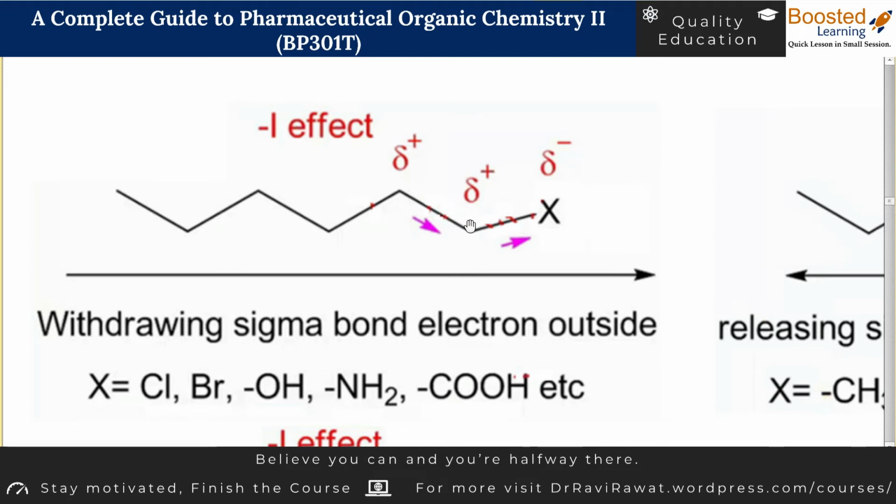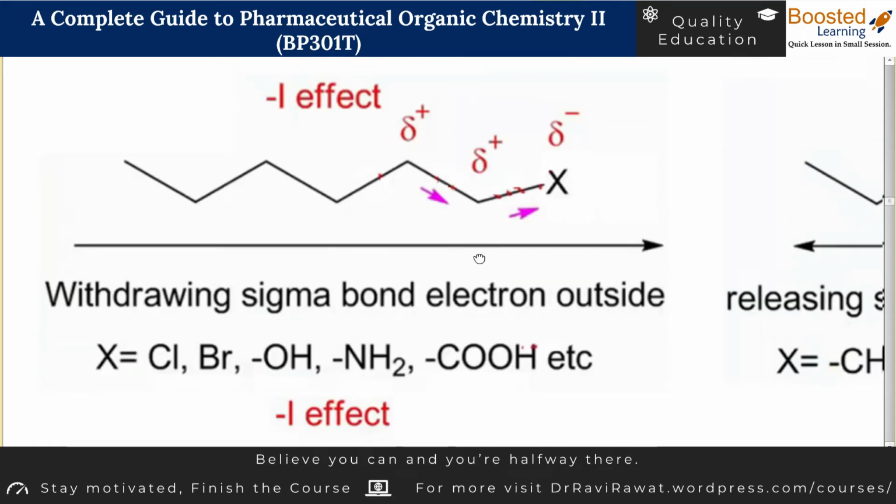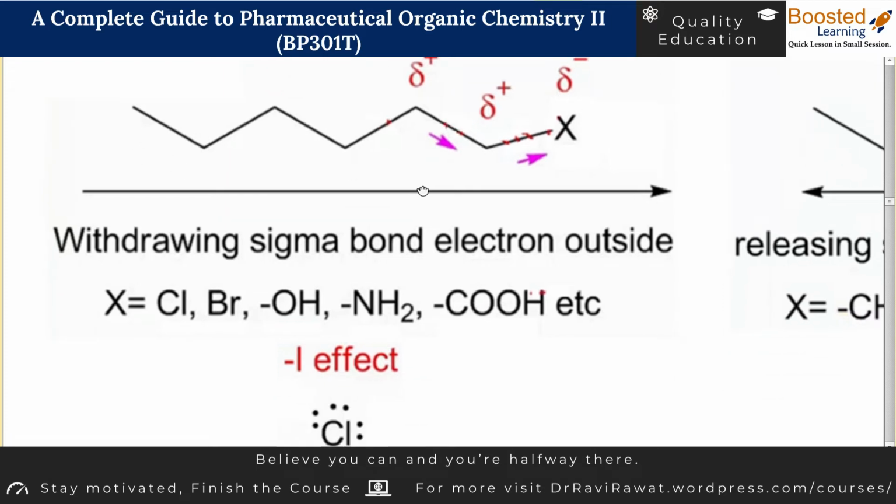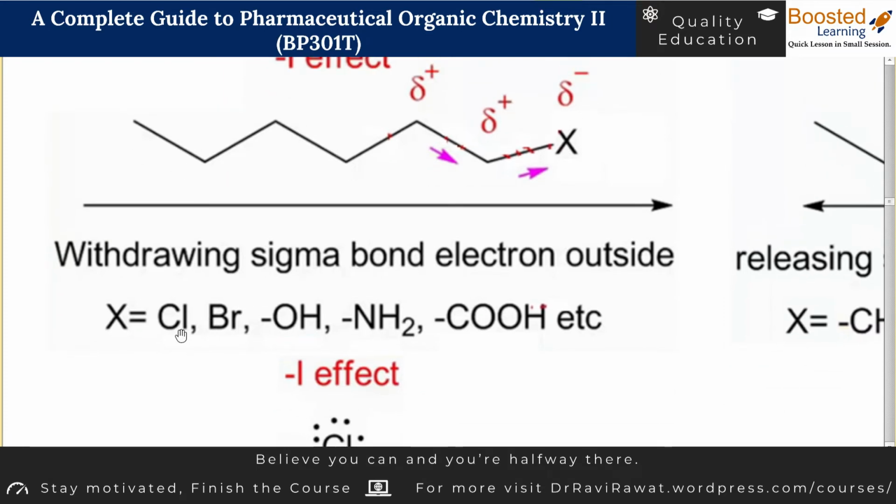But I hope you can understand that it is working through the sigma bond electrons, because this bond got polarized and this carbon became partial positive. This carbon now pulled some of its electron density, and this carbon also became partial positive, and the effect will fade away as we move far from this particular atom or group. So negative inductive effect is exerted by the groups which are more electronegative as compared to the carbon.